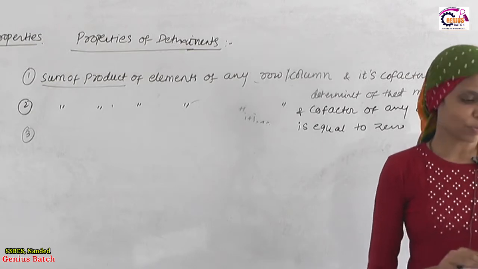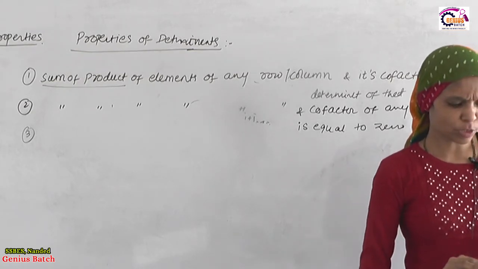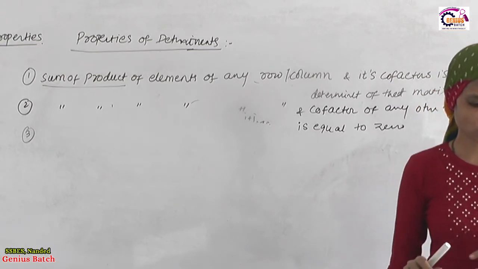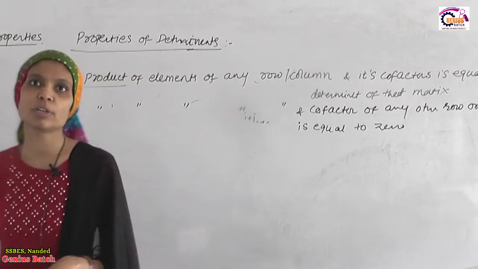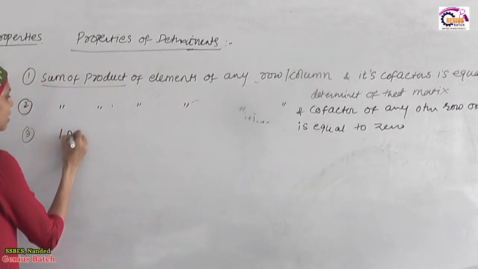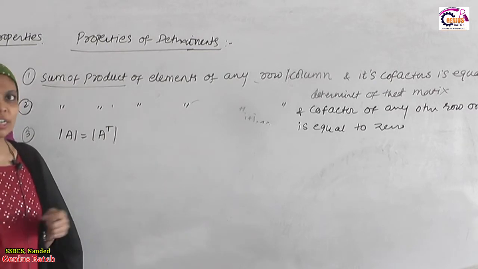See, what is the third property now? If A equal to Aij is a square matrix of order n, then determinant of A is equal to determinant of A transpose. Third property: determinant of A is equal to determinant of A transpose.